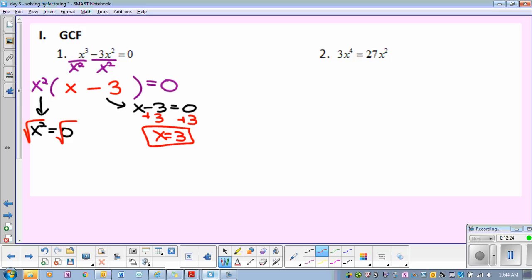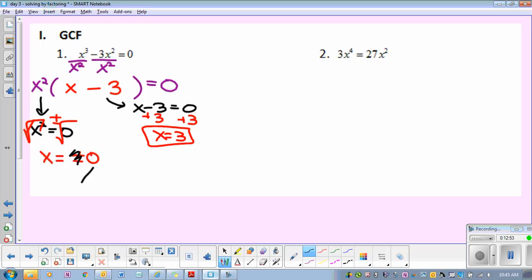But remember, guys, whenever you draw the square root, you have to put what? Plus or minus. So we have x equals, you know, basically plus or minus 0. But do we ever refer to 0 as being positive or negative? No. So really, I wouldn't put plus or minus. I would just say 0.